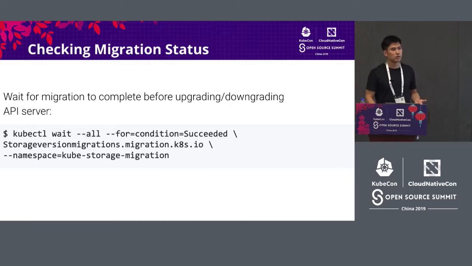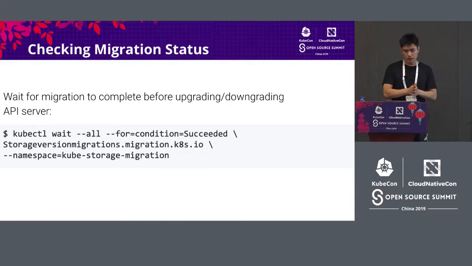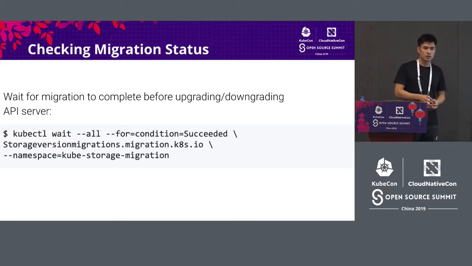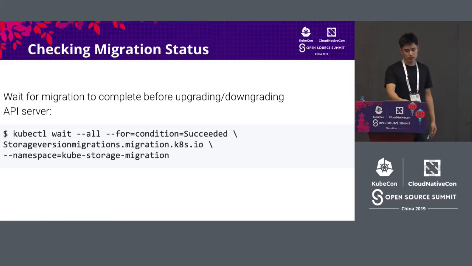For example, when you want to upgrade or downgrade your API server, you need to make sure all the migrations have completed. You can do this with a one-liner using kubectl wait, because the migration API uses the conditions in its API. So you can just say kubectl wait for all the storage migration requests to be successful.